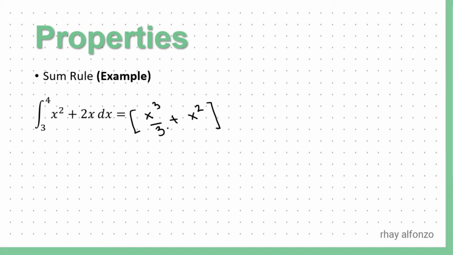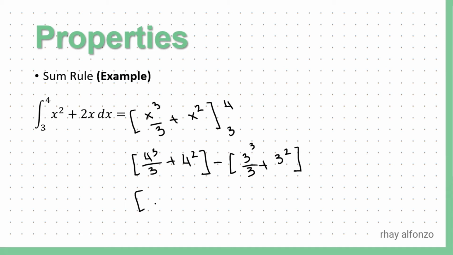Then evaluate this from 3 to 4. So what we get is 4 cubed divided by 3 plus 4 squared minus 3 cubed divided by 3 plus 3 squared.